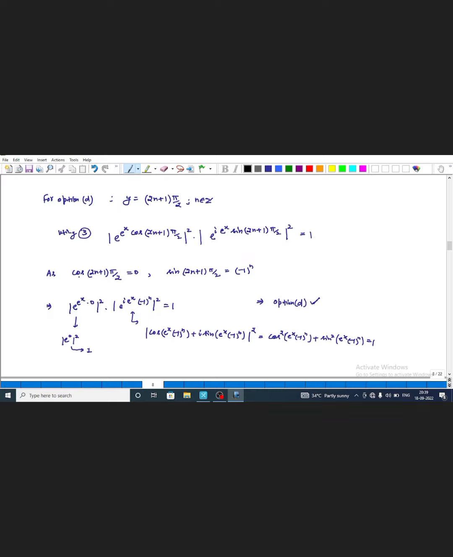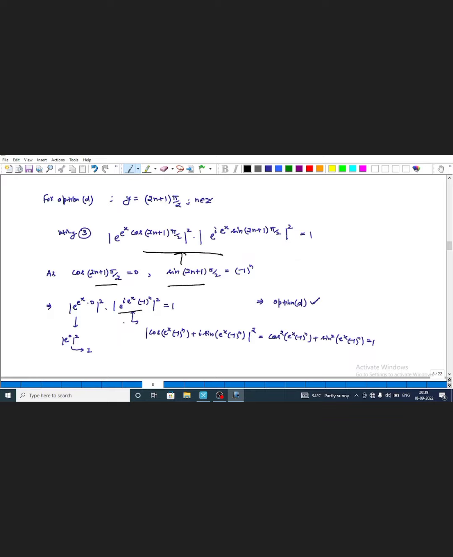As we know, cos of (2n+1)π/2 is equal to 0, and sine of (2n+1)π/2 is equal to (-1)^n. Now using these values in this equation, we have the square of the modulus of e^x into the square of this.